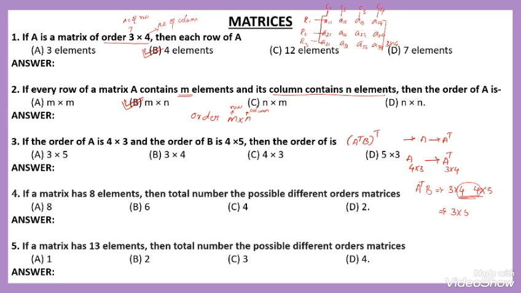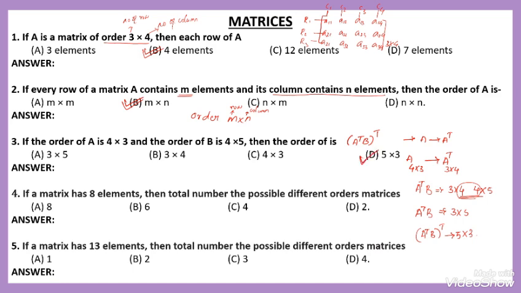The resultant matrix of A transpose B is 3 cross 5. Again, they want the transpose of A transpose into B, so the order will change again, that is 5 cross 3. Therefore, the resultant order of the matrix will be 5 cross 3.